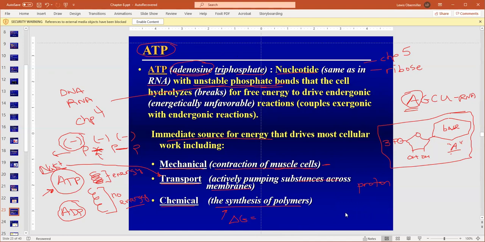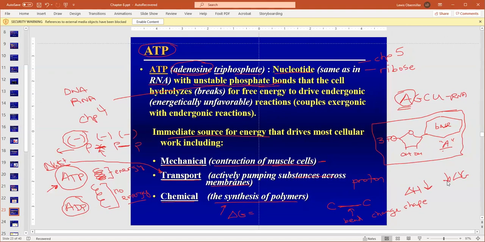So remember the bonds, and we talked about this. If we have a bond, in order to break that bond, just like a stick, we need to bend that thing. In order to bend it, we have to change its shape. And that lowers the delta H, which lowers the delta G. So we can use ATP to change the shape of a molecule to cause a non-spontaneous reaction to become spontaneous.